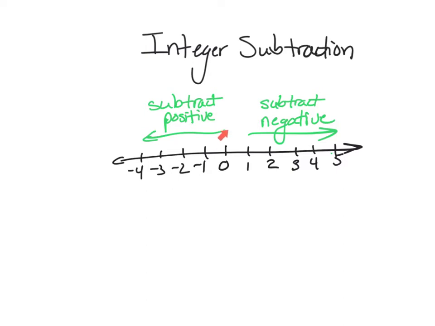When we subtract a positive, we're going to move to the left. When we subtract a negative number, we're going to move to the right. That movement on the number line for subtraction is the opposite of the movement that we do for integer addition.